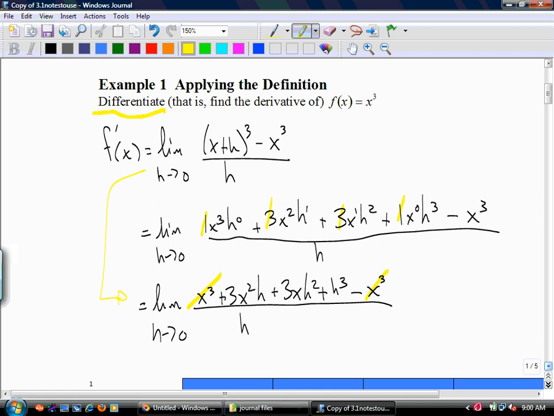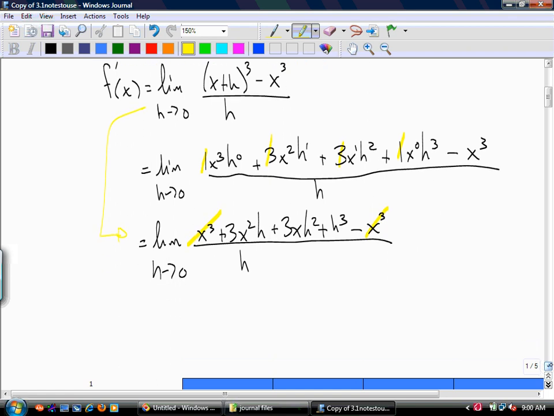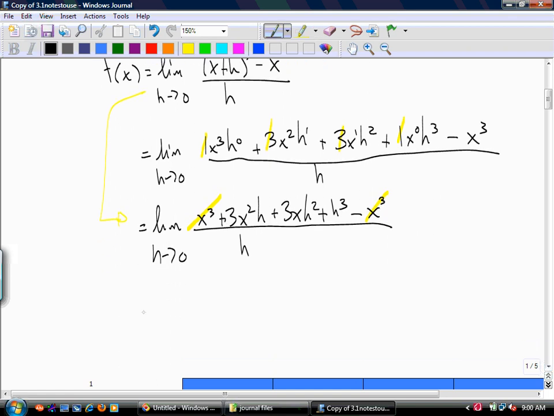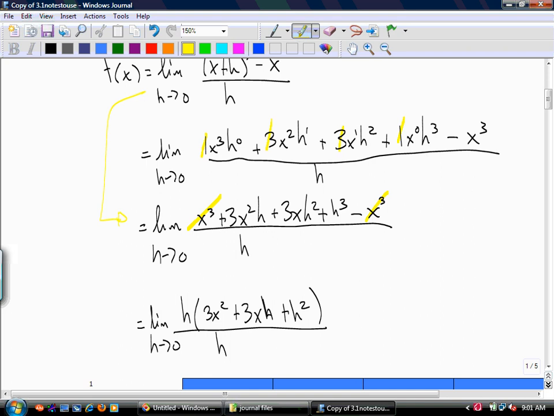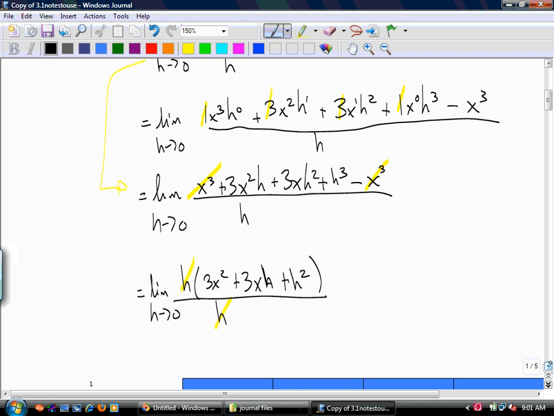Yes. Well, most of the time. For you guys, yes. 3x squared plus 3xh plus h squared all over h. Hey, look, Mr. Epp, the h's cancel. That's super. You're right, it is.